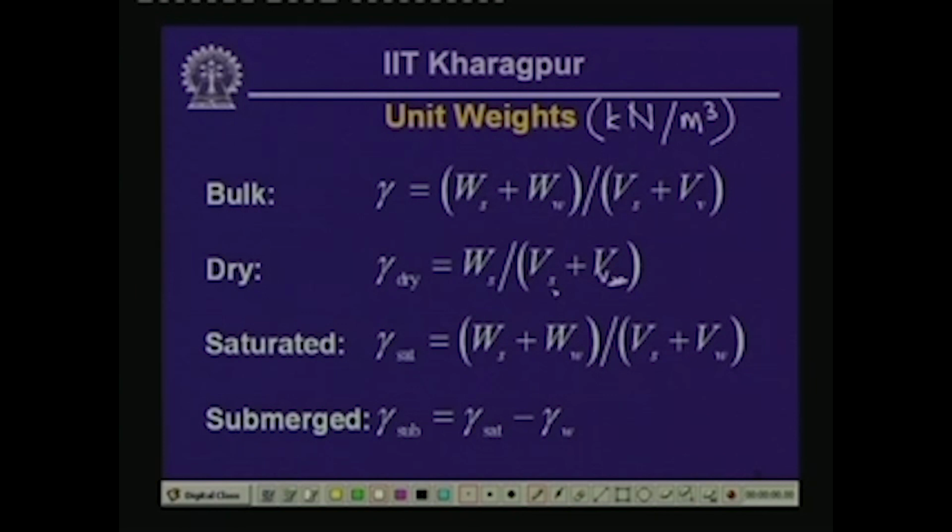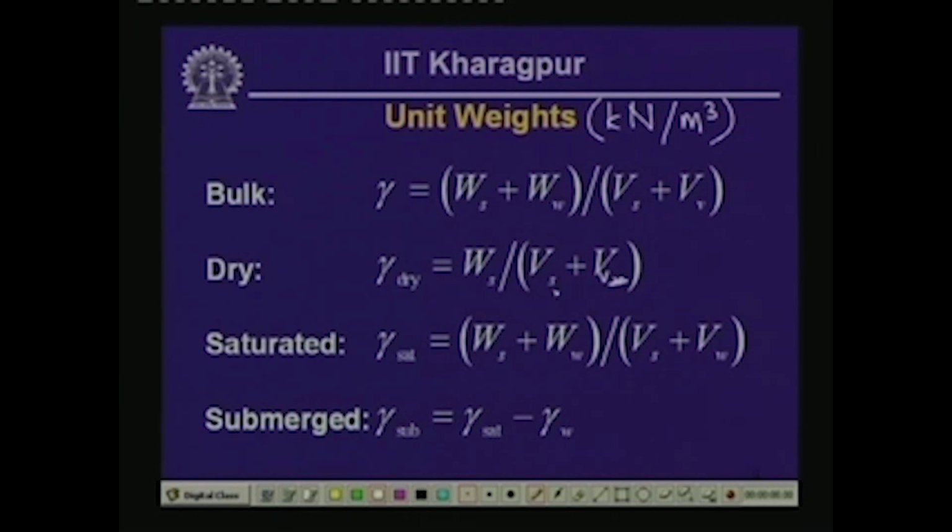Then saturated unit weight, in this case we consider the soil to be completely saturated, so that the void is totally filled with liquid. In this case the weight is composed of the weight of the solid phase plus the weight of the liquid phase, divided by the total volume.